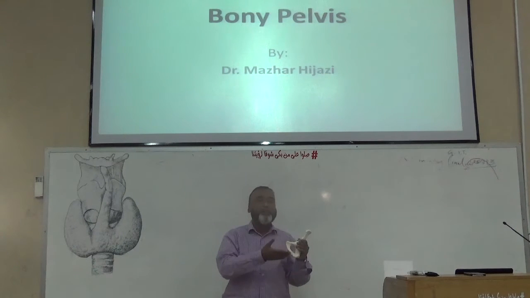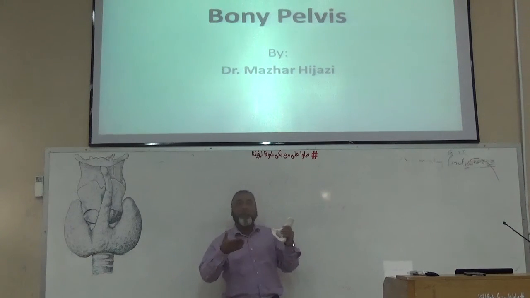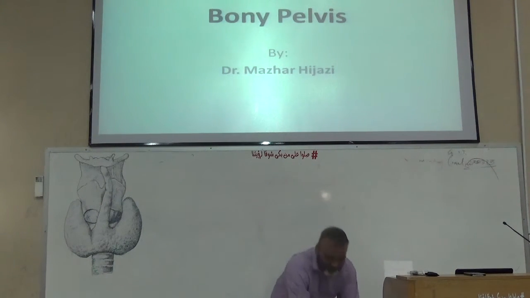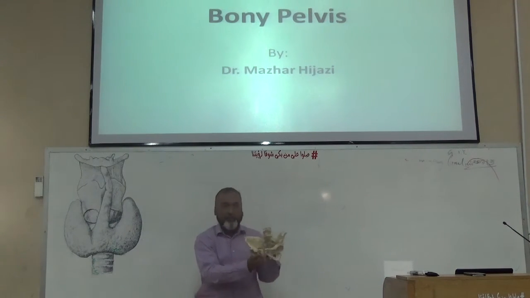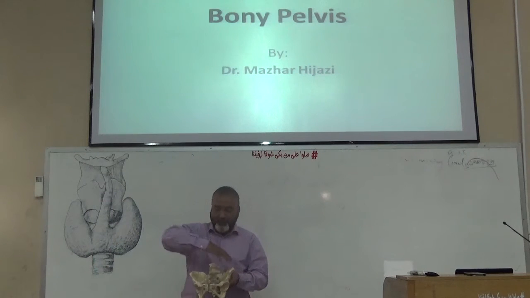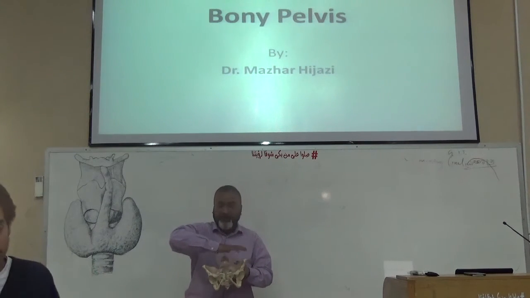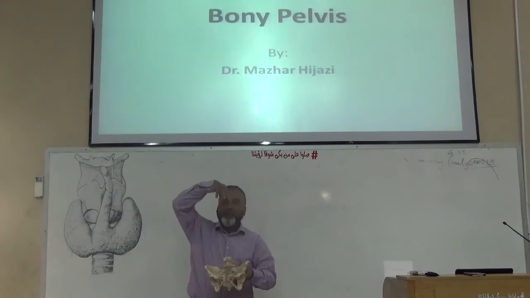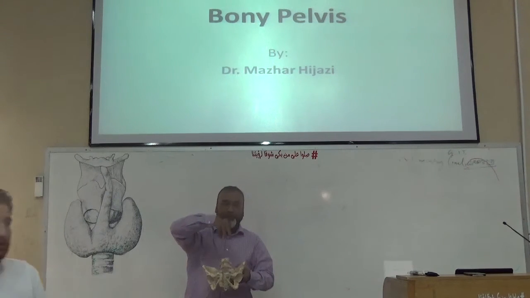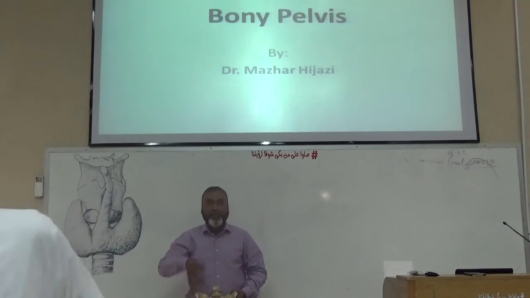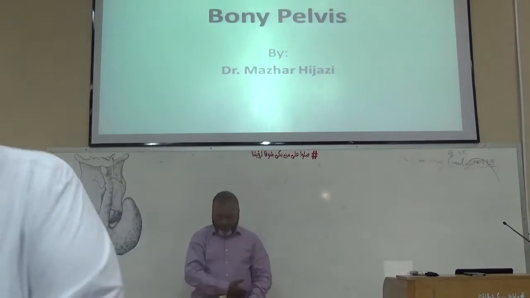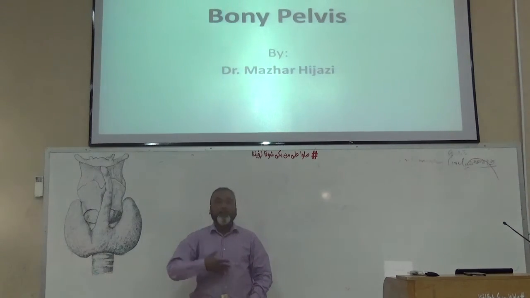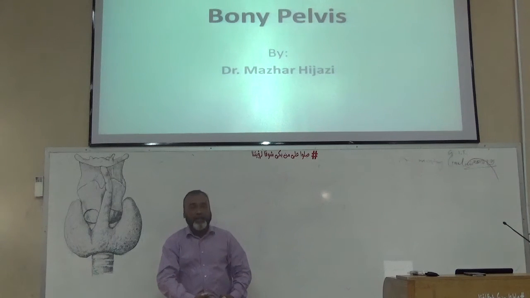It lies between the pelvic inlet and pelvic outlet. Now if you see, this is the pelvic brim, and the upper part is a continuation of the abdomen, because there is no partition between the abdomen and the pelvis.